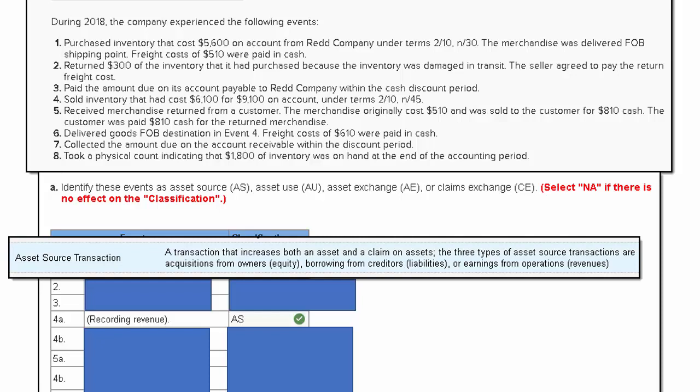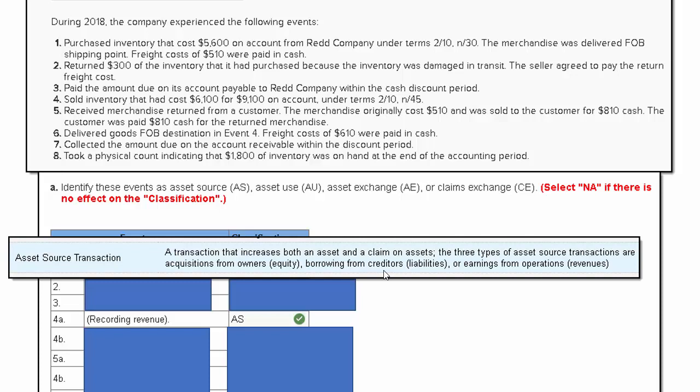Okay, to explain this concept a little bit better, you can see I put this definition on the screen. An asset source transaction is a transaction that increases both an asset and a claim on an asset. There are 3 different types of asset source transactions. We could have an acquisition from the owner, such as when owners put money into a business. You could borrow from a creditor, right?